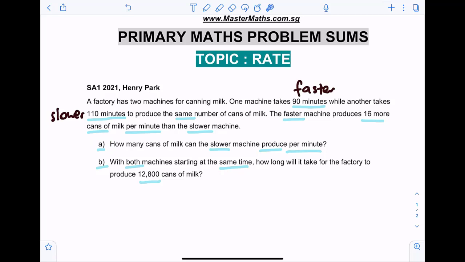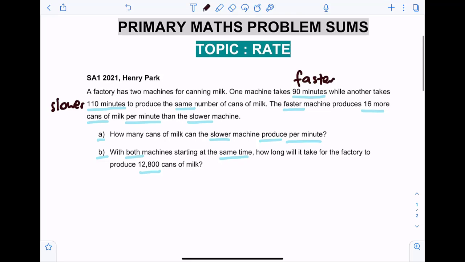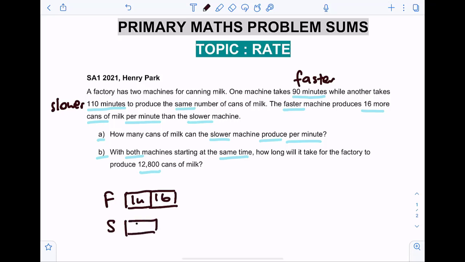For every 1 minute that the faster machine is on, it is able to produce 1 unit of can of milk plus an additional 16. Whereas the slower one is only able to produce 1 unit of milk per minute.